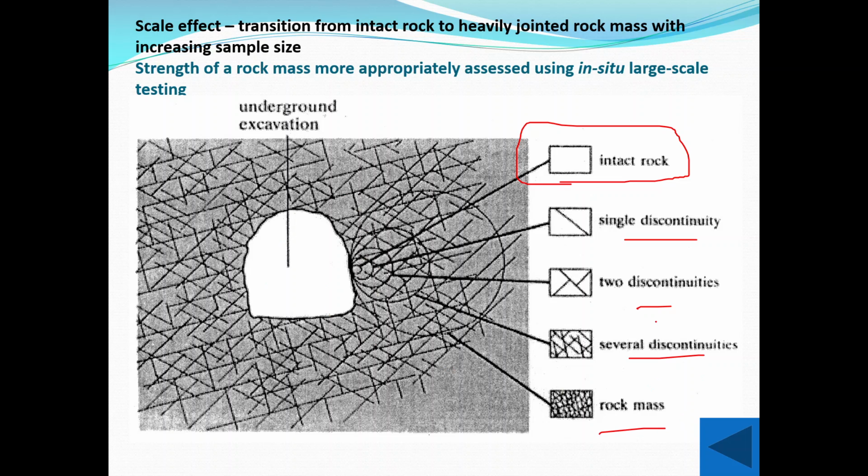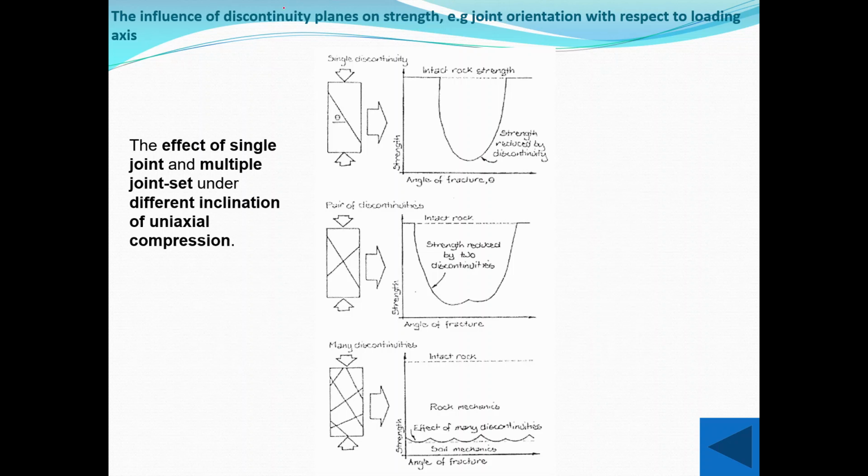So it depends on the size. The strength of rock mass is more appropriately assessed using in situ large-scale testing. This is how discontinuity affects the strength of rock, the influence of discontinuity on strength.